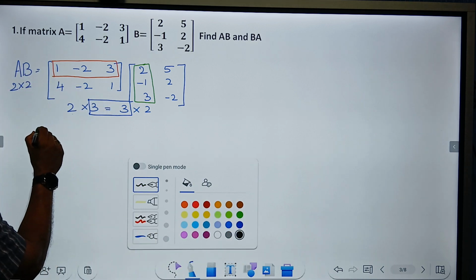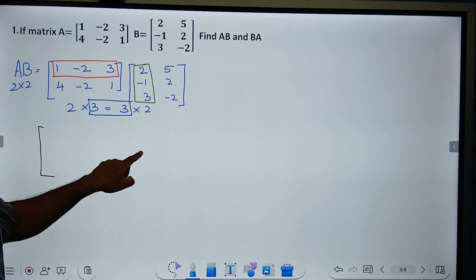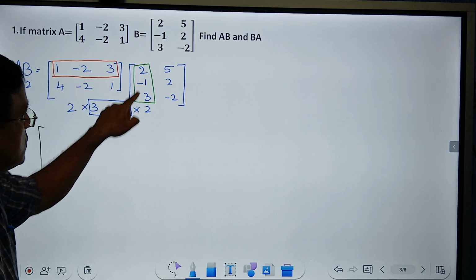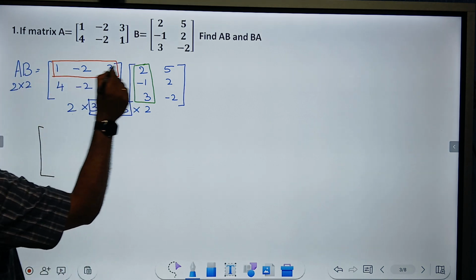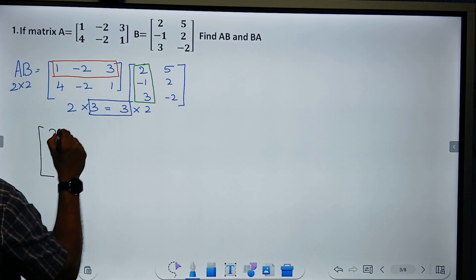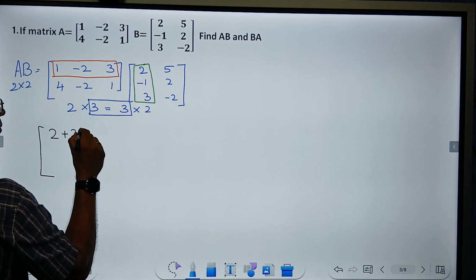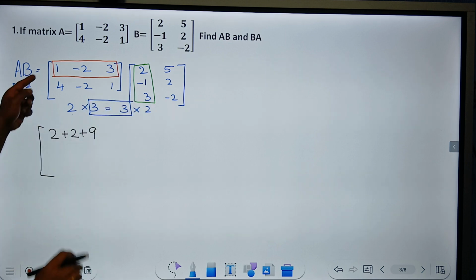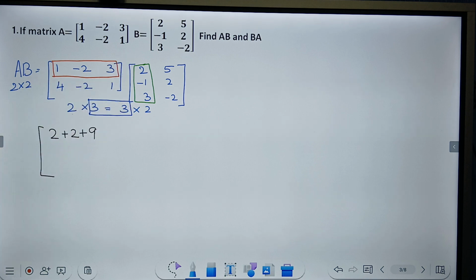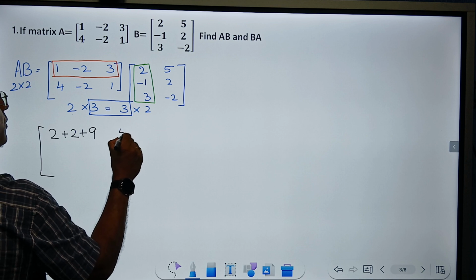I want to find AB. First row, first column. What do you get? 1 into 2, minus 2 into minus 1, 3 into 3. Done. First row, first column. Now, first row, second column, what do you do? 5.